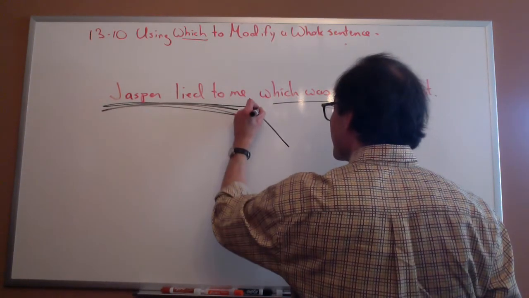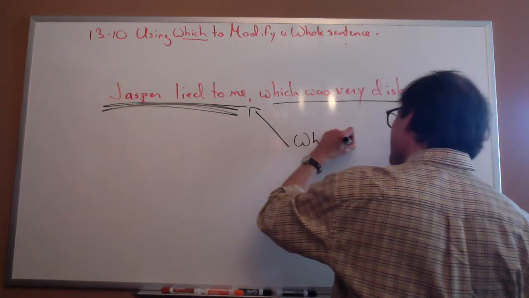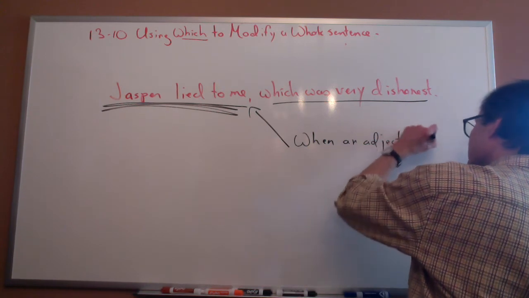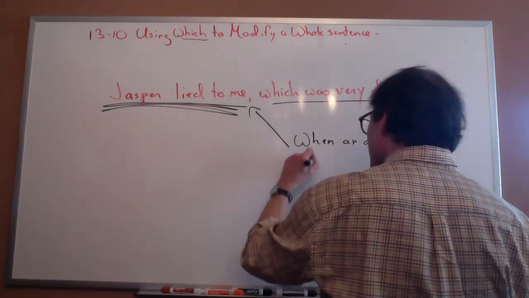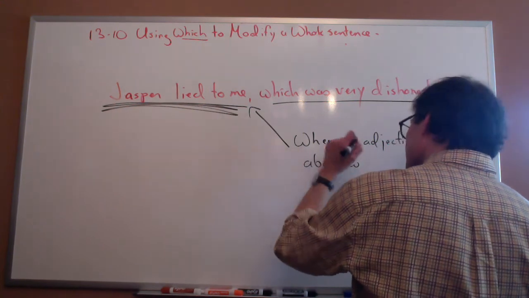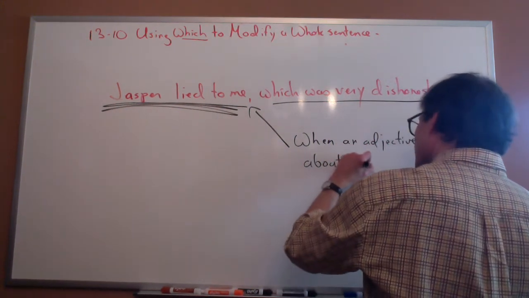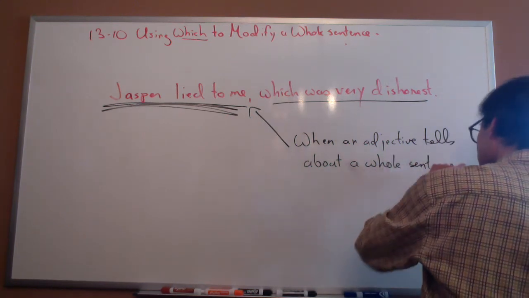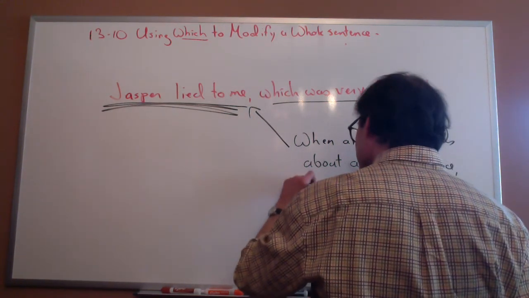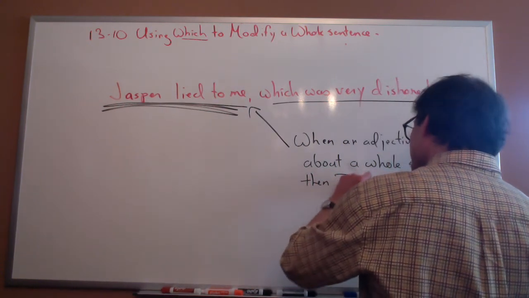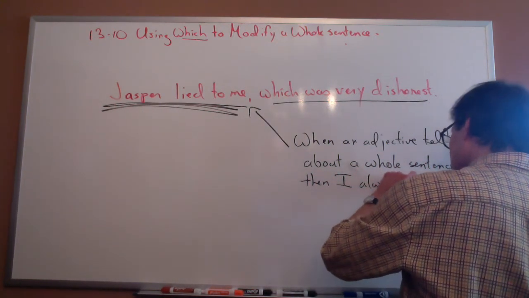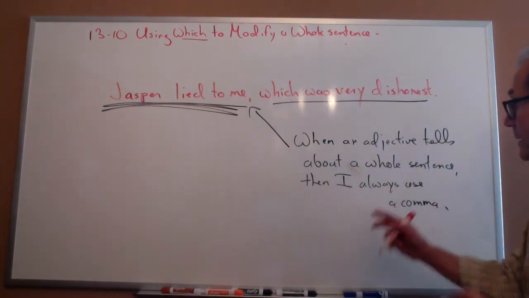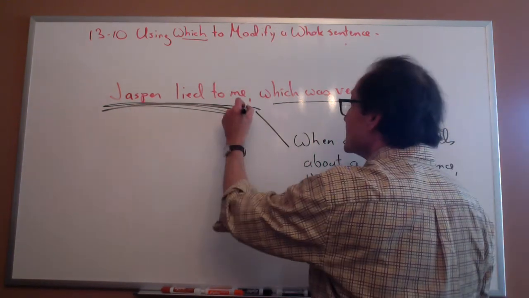So here, when an adjective clause tells about a whole sentence, then I always use a comma. Okay? So when it tells about a whole sentence, I always use a comma.